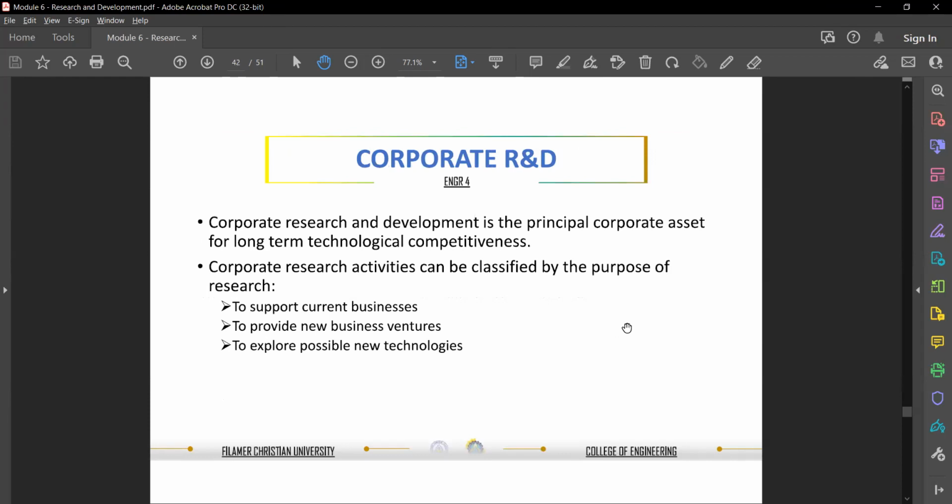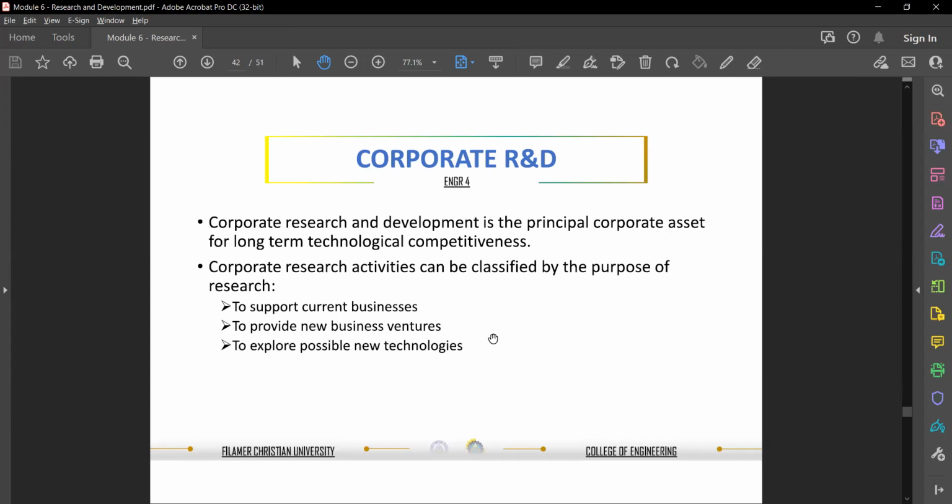So, corporate R&D naman. So, corporate research and development is the principal corporate asset for long-term technological competitiveness. So, siguro ito yung mga kumpanya ng maraming pera. Yung parang nag-i-invest na sila talaga sa research and development. So, corporate research activities can be classified by the purpose of research to support current businesses. Ayan. So, tama nga. Ito yung mga nag-i-invest. To provide new business ventures.